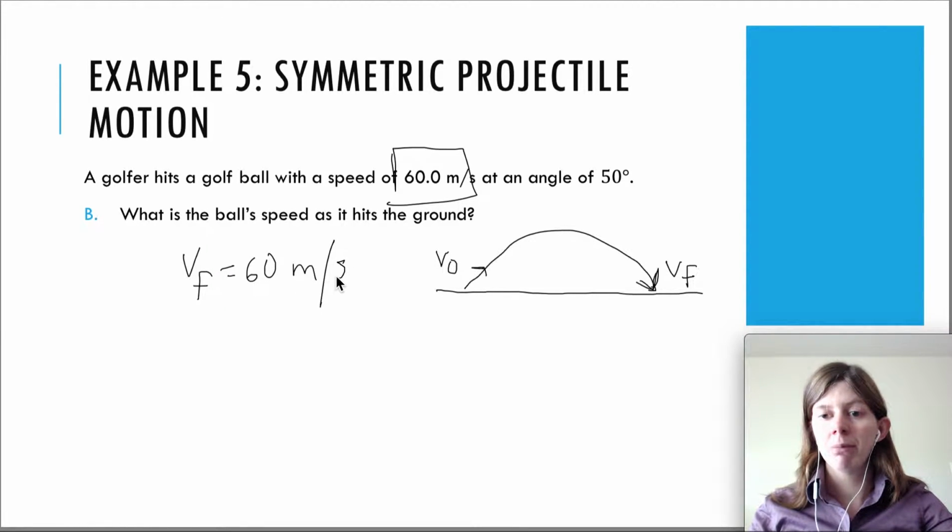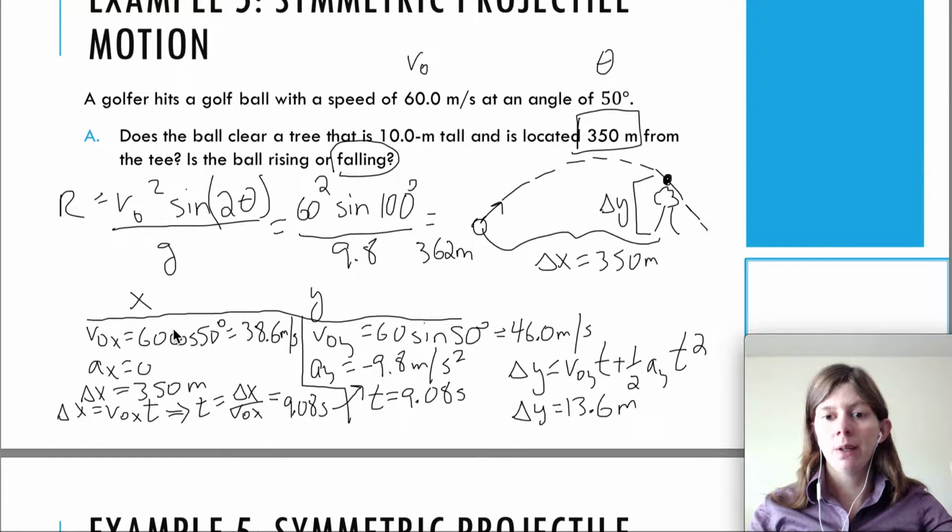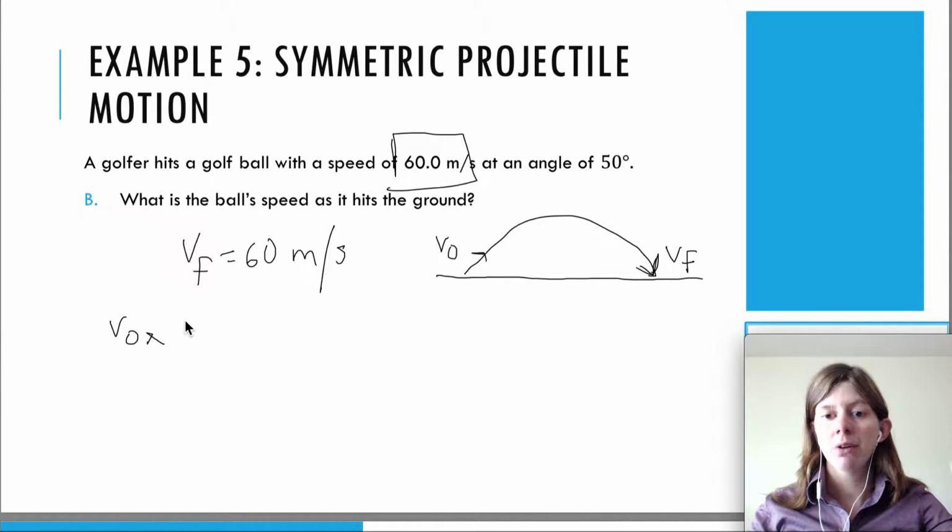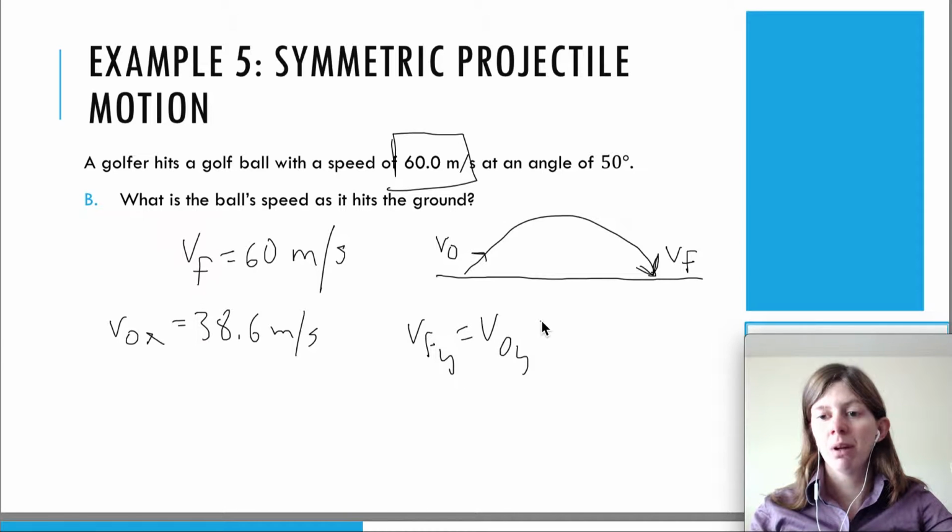Now, if you don't believe me, you're welcome to check it. I'm not going to do all the work, but you're welcome to use the v initial x that we found in the previous slide, which was 38.6 meters per second. And then you're welcome to solve for v final y using v initial y plus a_y t.